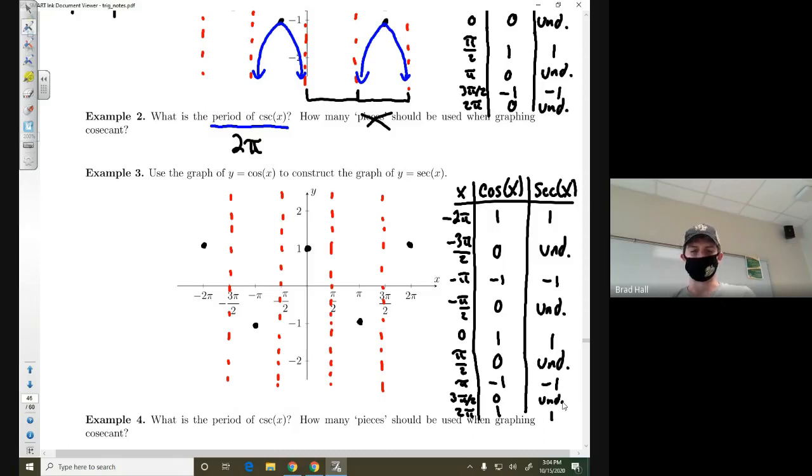So it's this W looking shape. And without spending too much time talking about why it is the following shape, I'm just going to draw it.